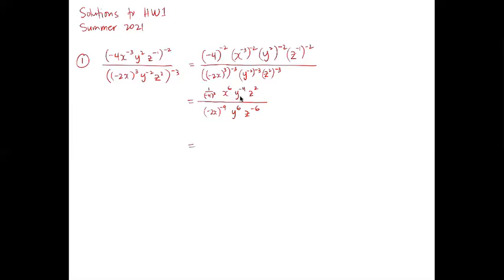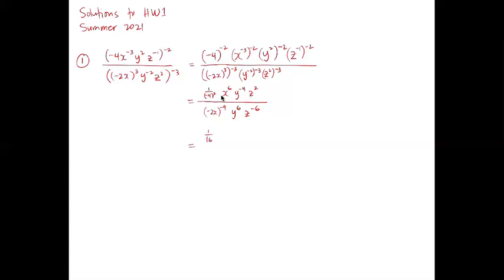Furthermore, for this denominator here, we distribute the power negative 9. And for this, let's just write this as 1 over 16. So you will have 1 over 16.